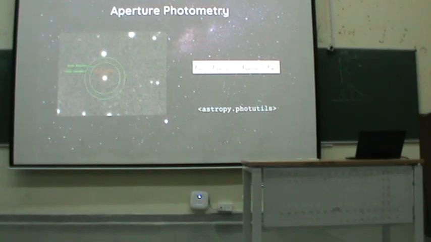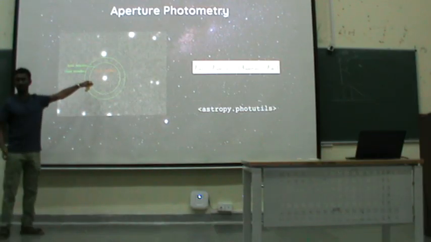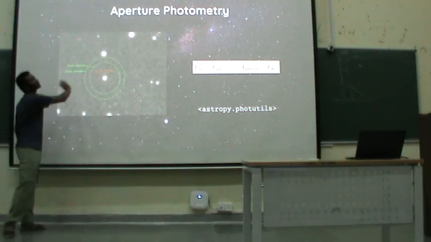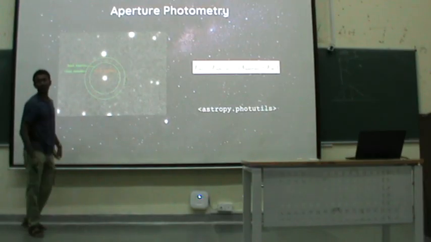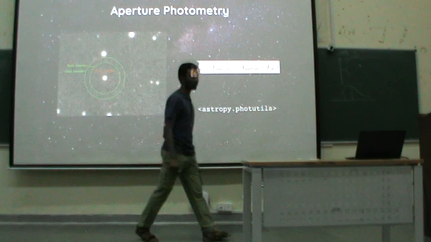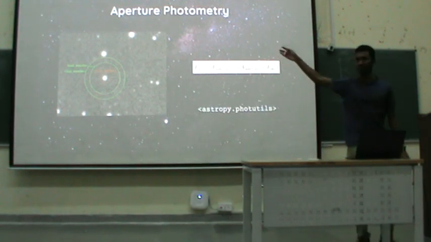You can subtract the flux of the sky from the flux of the object aperture to get the actual flux of the object of your interest. So even if a cloud cover comes in the field of view, the effect will just cancel out, right? That is called aperture photometry.